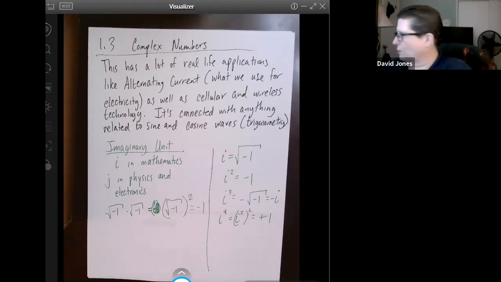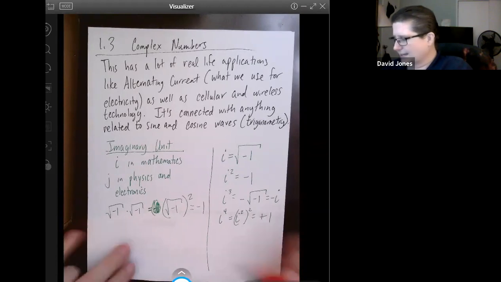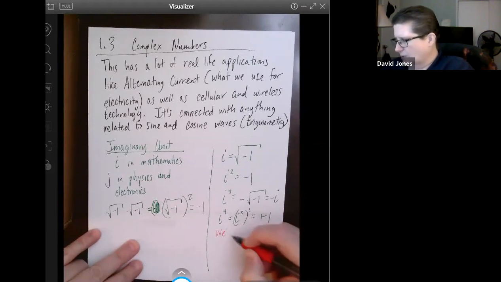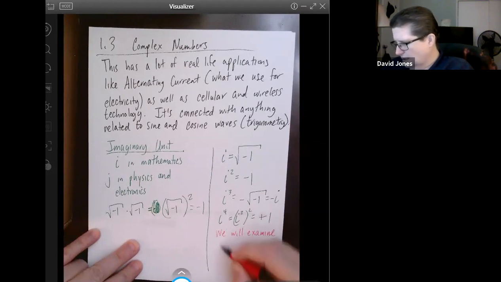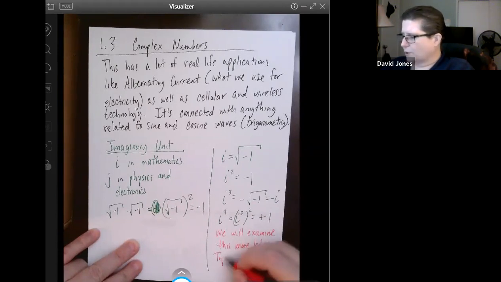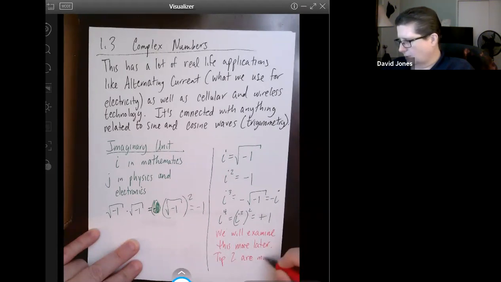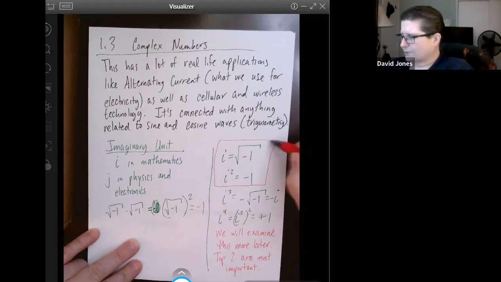Let's take a look at where we use them. We'll examine this more later. The top 2 are the most important: i equals the square root of -1, and i squared equals -1.